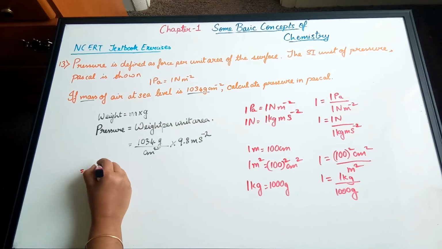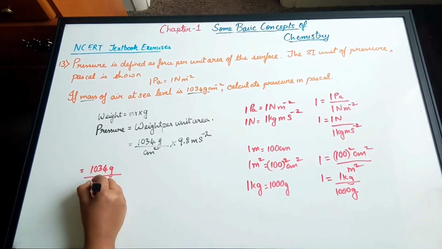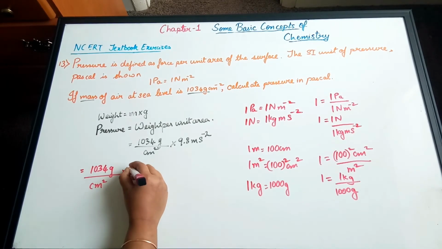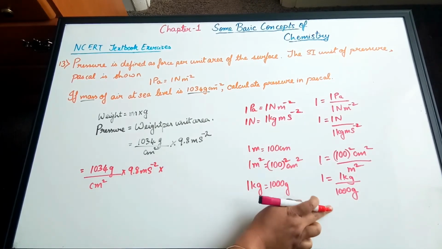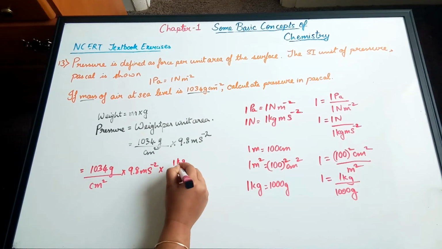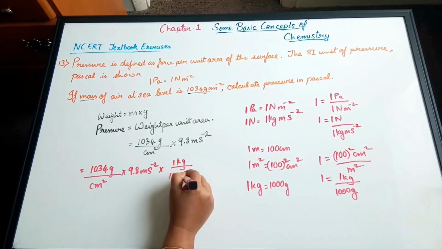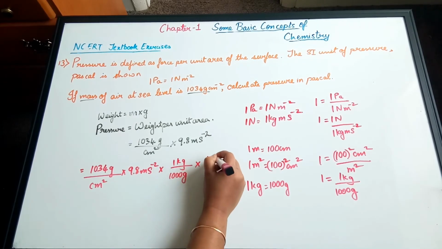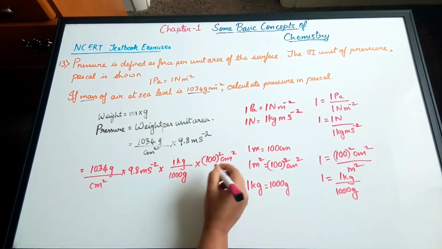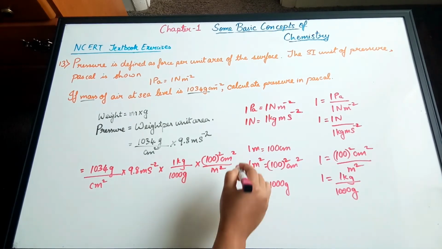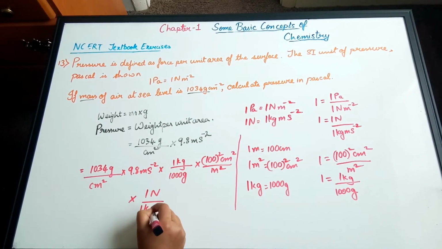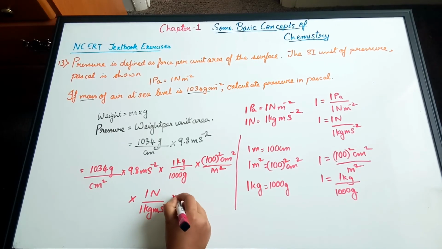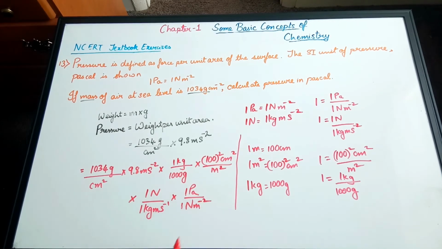So 1034 grams by centimeter square into 9.8 meter second minus 2 into, first we'll go from the bottom, 1 kg divided by 1000 grams into 100 square centimeter square divided by meter square into 1 Newton divided by 1 kg meter second inverse into 1 pascal 1 Newton meter minus 2.